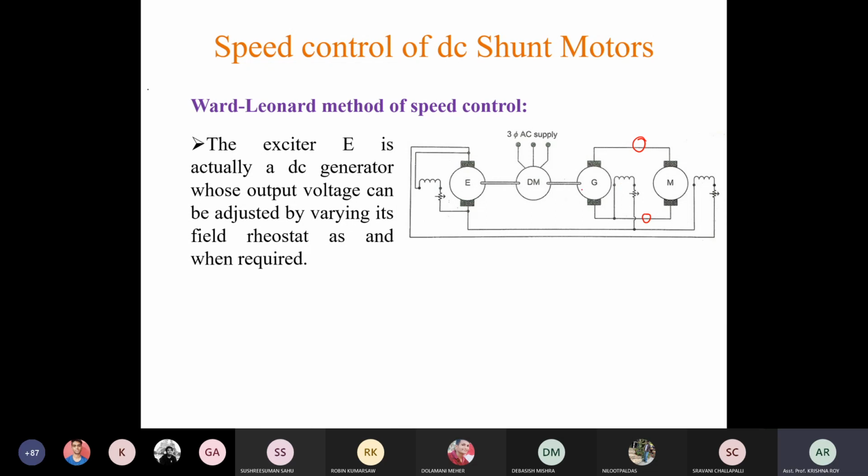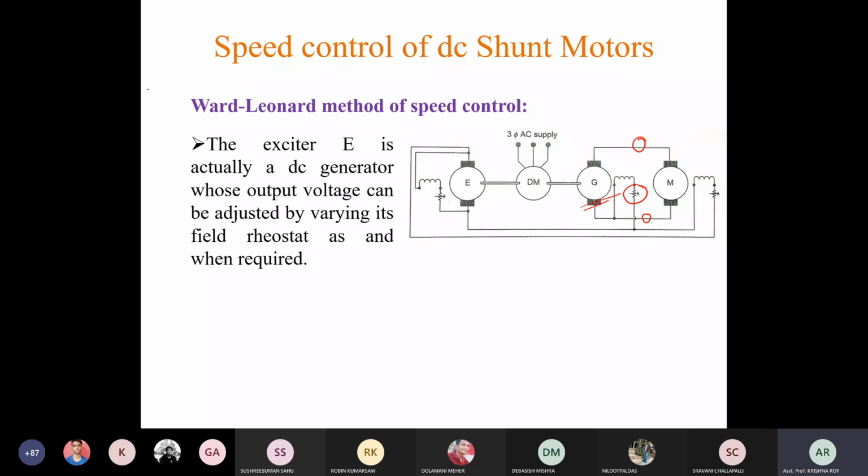The induced voltage of this generator can easily be controlled by varying this rheostat, that is the field current of this generator. So we can change the output voltage of this generator and control the speed of this motor, keeping all other things constant. That is the speed control of this motor below rated speed.